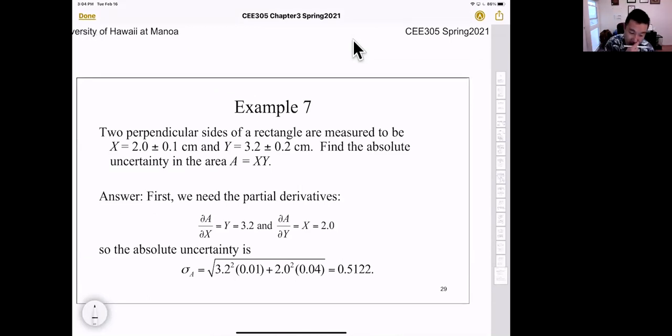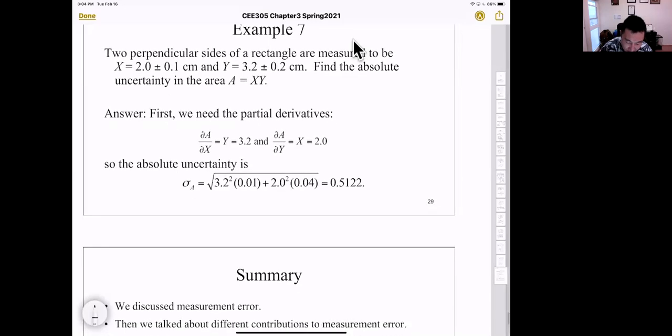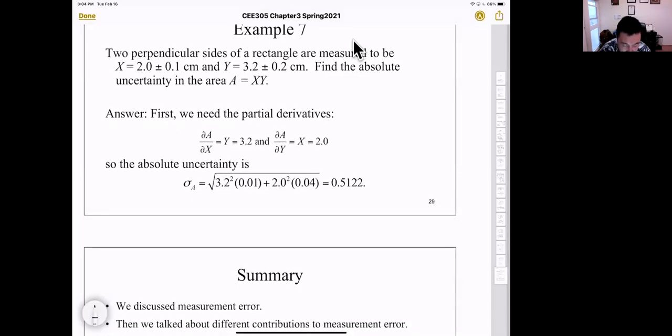This is similar to the rectangular plot example. Two perpendicular sides of a rectangle are measured to be x equals 2.0 plus minus 0.1 and y equals 3.2 plus minus 0.2 centimeters. We are asked for the absolute uncertainty for the area.